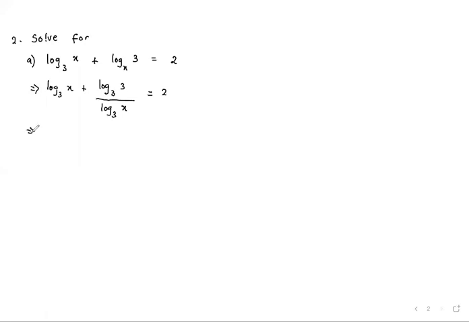Then we cross multiply. So I'm multiplying everything by log x to the base 3. So we have log 3x squared, because you're multiplying this by this.